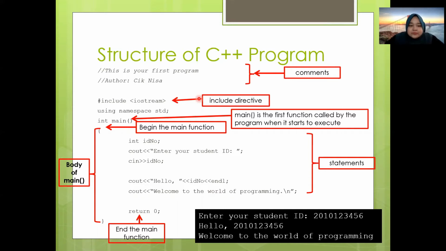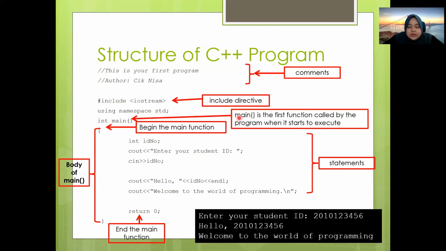That is the first one. After hashtag include iostream, you must remember how to write the syntax. Next, on the second line, you see using namespace std. This one we call it a semicolon. This is very important, using namespace std. Next is int main.